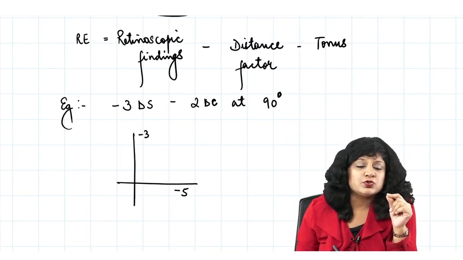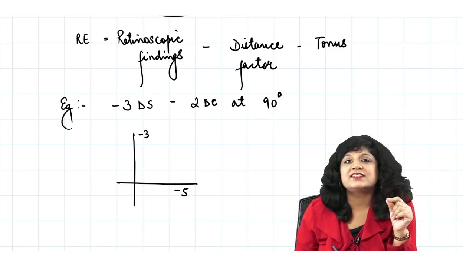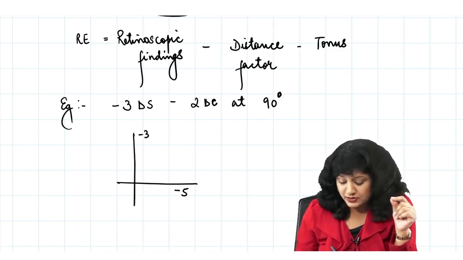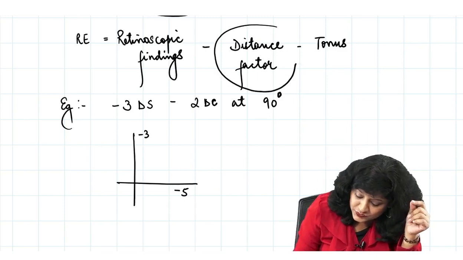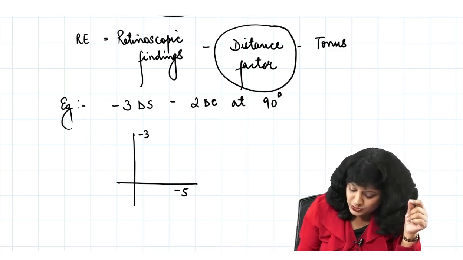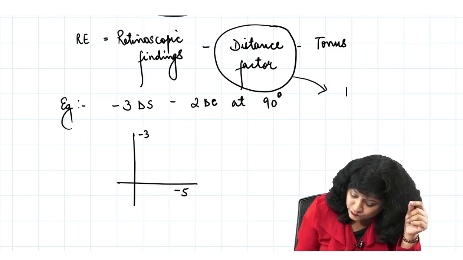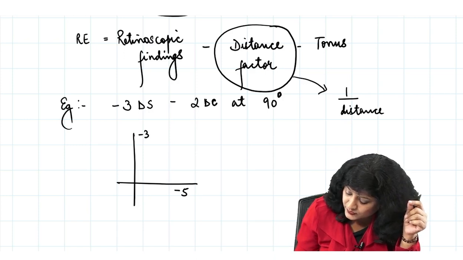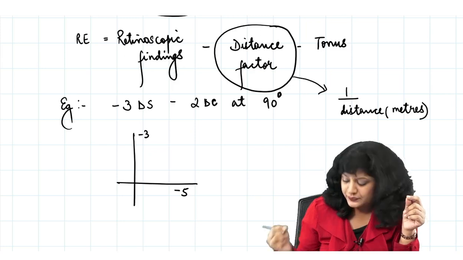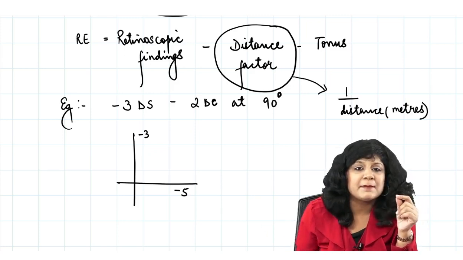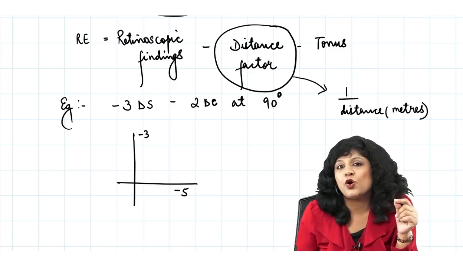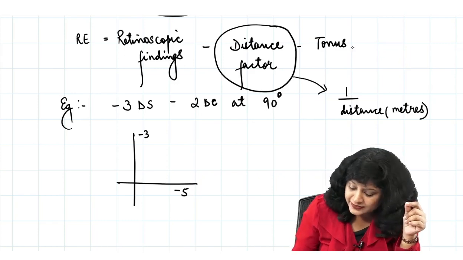Now how do you get the refractive error? You have to subtract the distance factor. The distance factor is 1 upon the distance given in meters, and then the tonus.